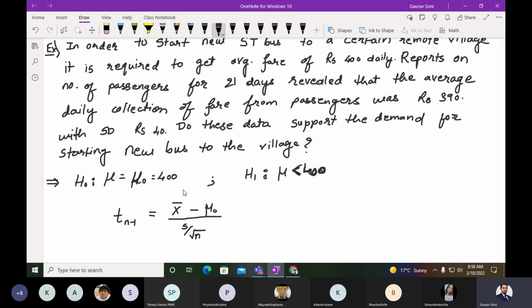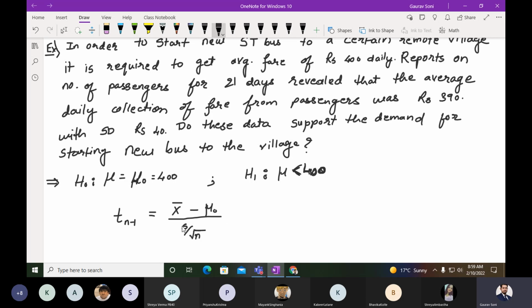So reports on number of passengers for 21 days: 21 is going to be the sample size n. It revealed that the average daily collection of fare from the passengers was rupees 390, so x bar is 390. The hypothesized mean is mu naught.